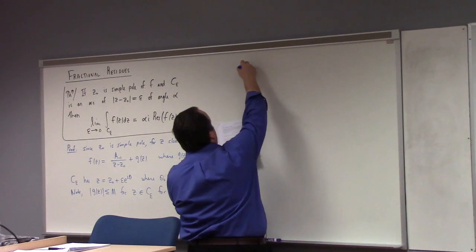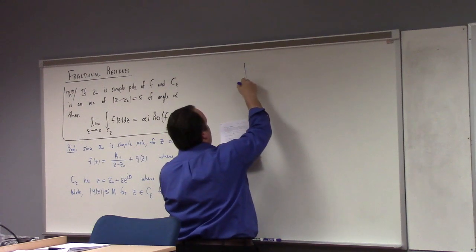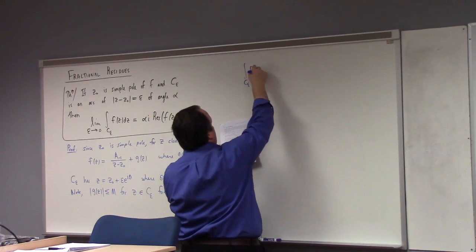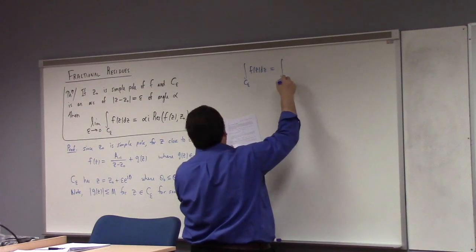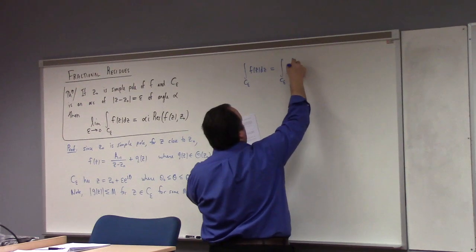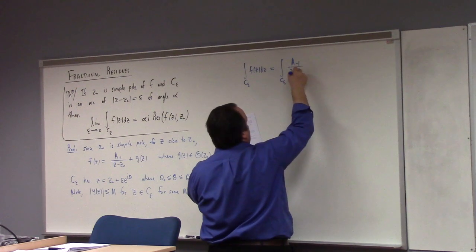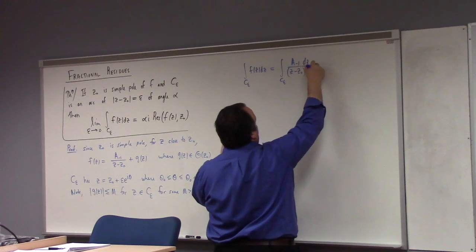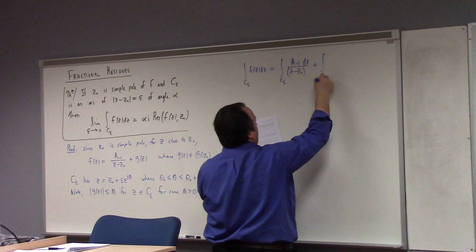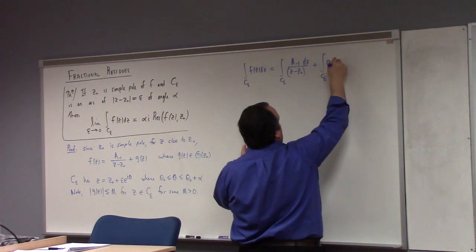So the integral over C epsilon of f(z) dz is equal to the integral over C epsilon of a sub minus 1 over z minus z naught dz plus the integral over C epsilon of g(z) dz.